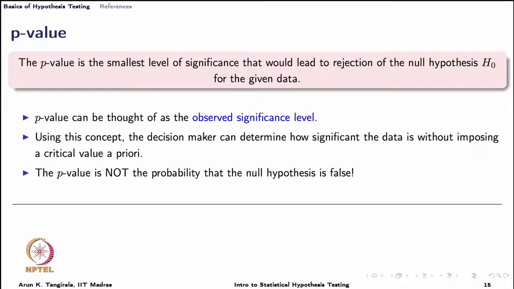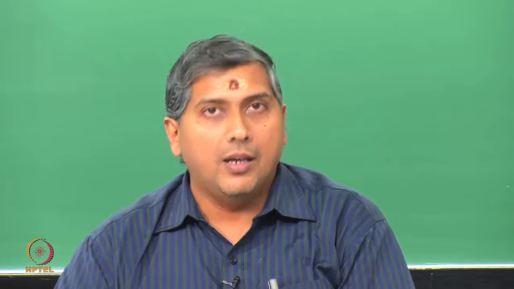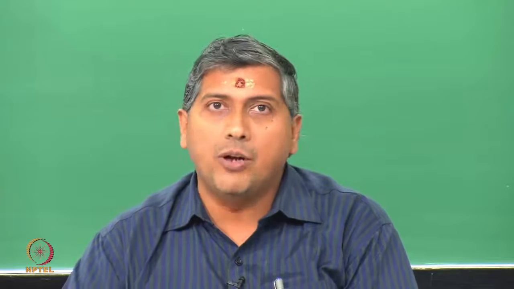There is another perspective to the P value, which is that it is the probability of obtaining a test statistic more extreme than what I have obtained. So, I have obtained 3.25. Is there a probability that I can obtain something more extreme than this? Yes, and that probability is 0.0012.